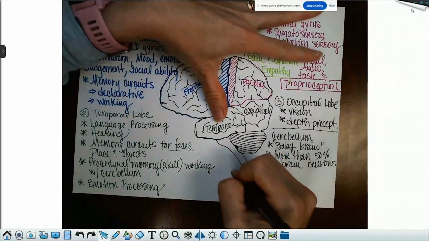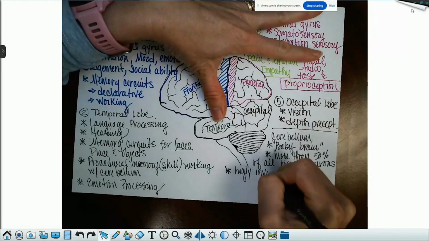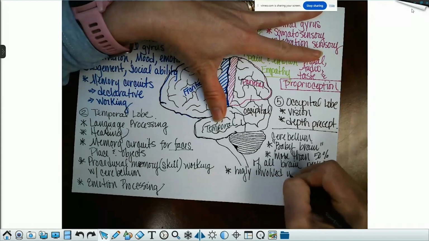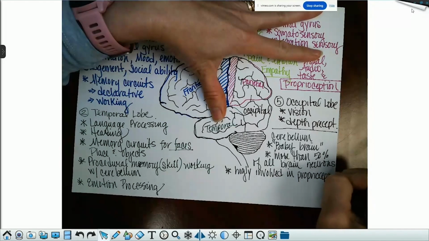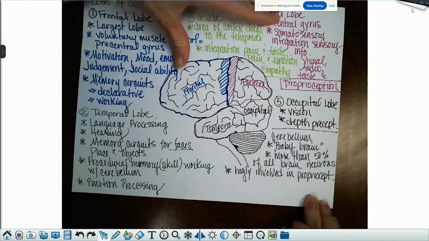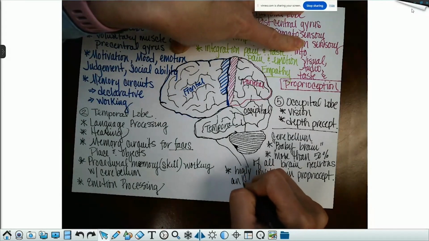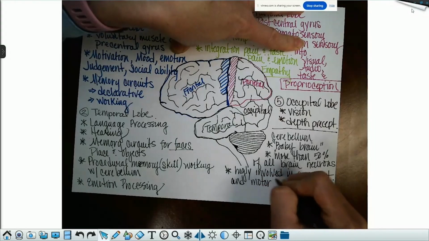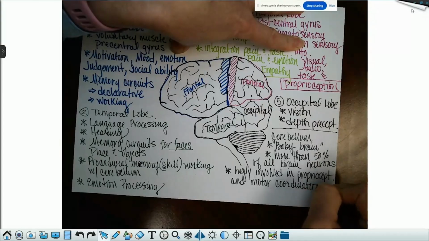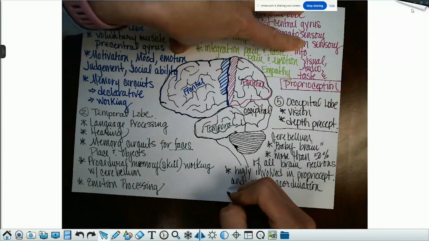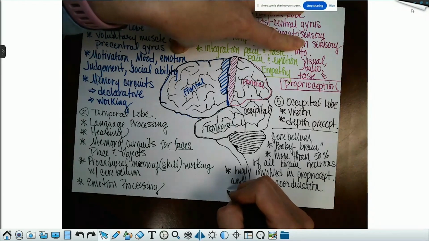It is highly involved in proprioception and motor coordination. And it has a huge list of things that it's involved in, but I'm just going to mention a couple.